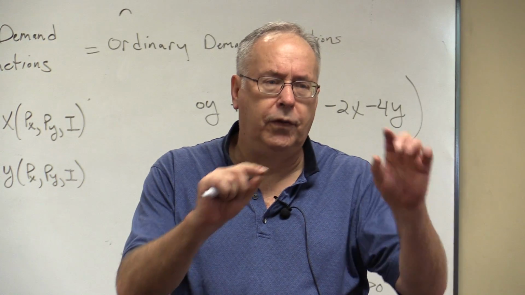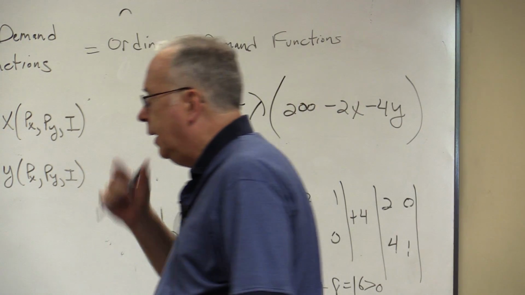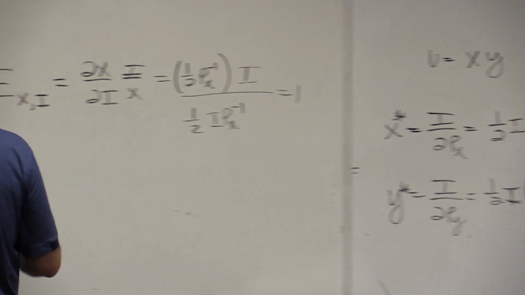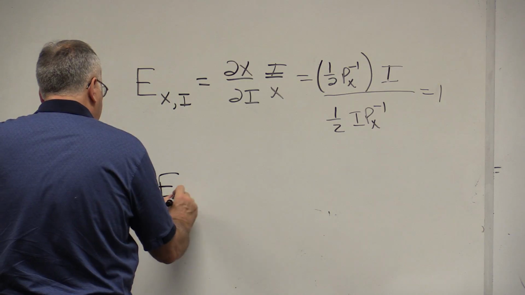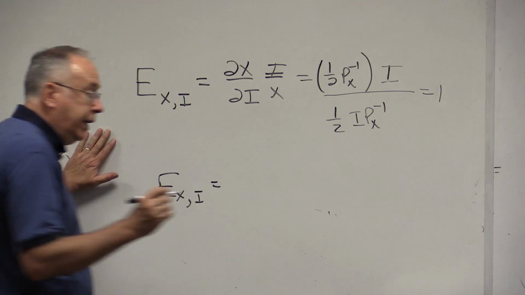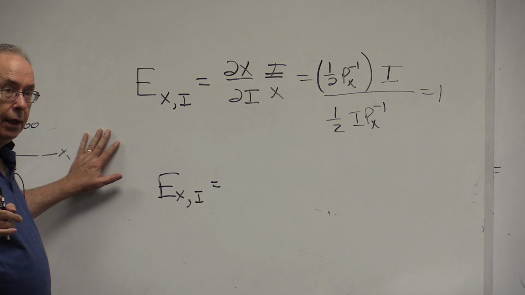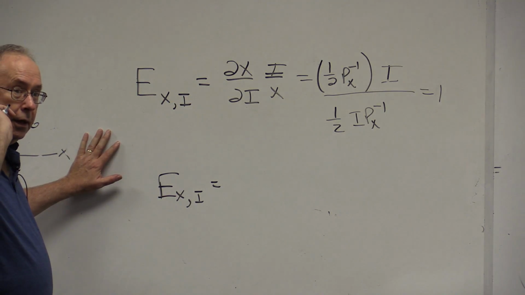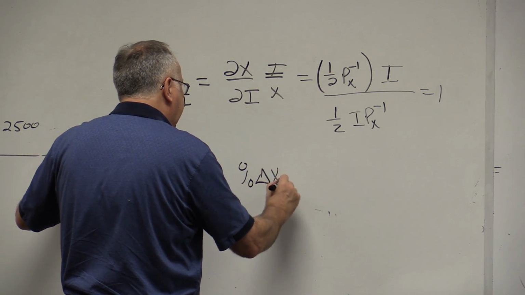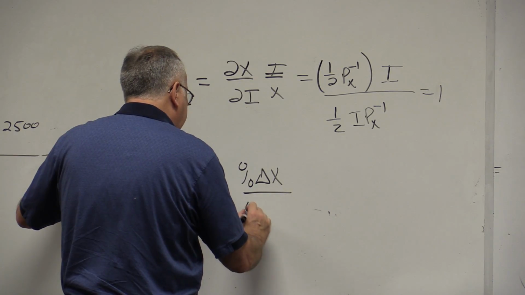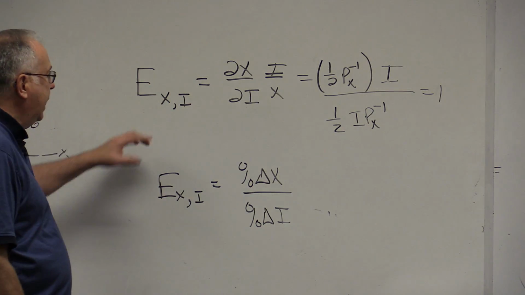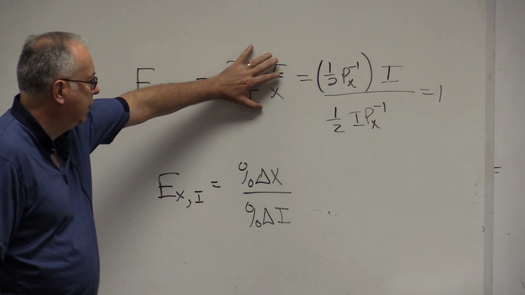Okay. Intuitively, what is the income elasticity demand for good X? What's the intuitive formula for this? It's the percentage change in X. Yes, it's the percentage change in X divided by the percentage change in I. Now, mathematically, you could show that that's just this.